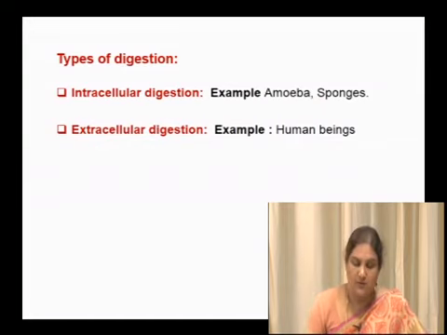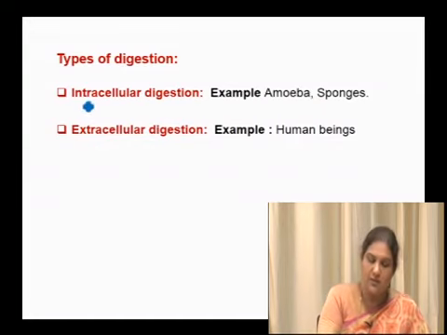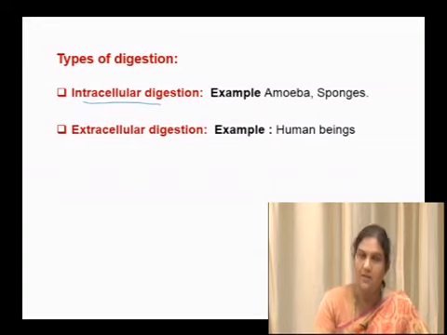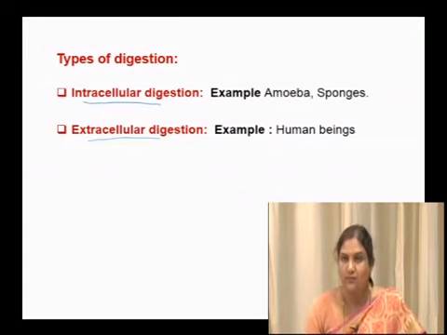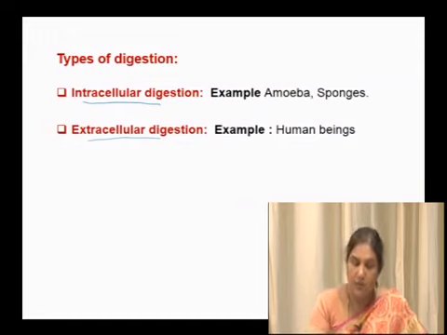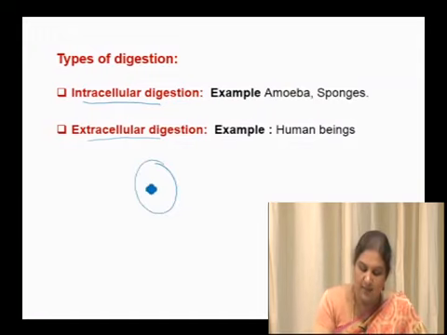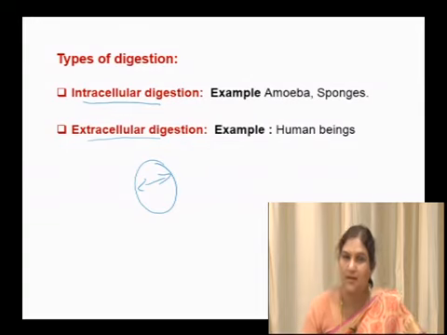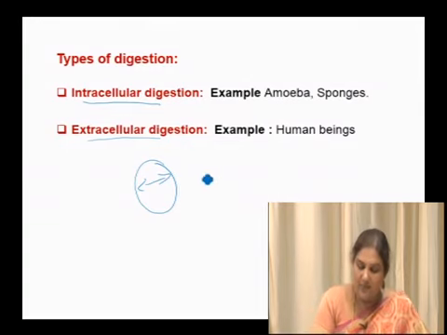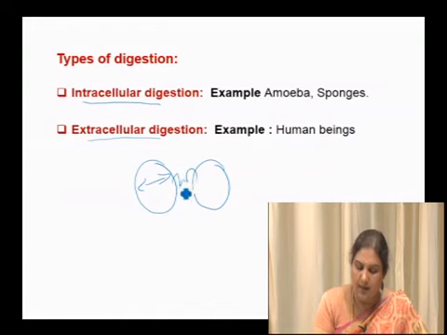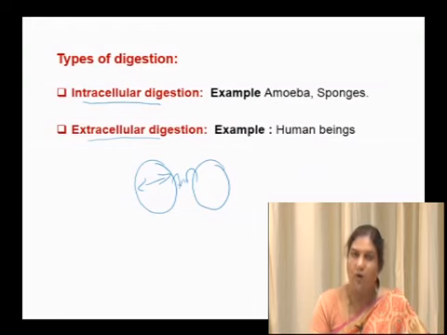Let us know the types of the digestion. In the animals we find there is intracellular digestion as well as extracellular digestion. Intra, the very word is saying it is within the cell that the digestion process gets carried out. Extracellular digestion is nothing but the digestion occurs outside the cell but within the lumen of the body of an organism.